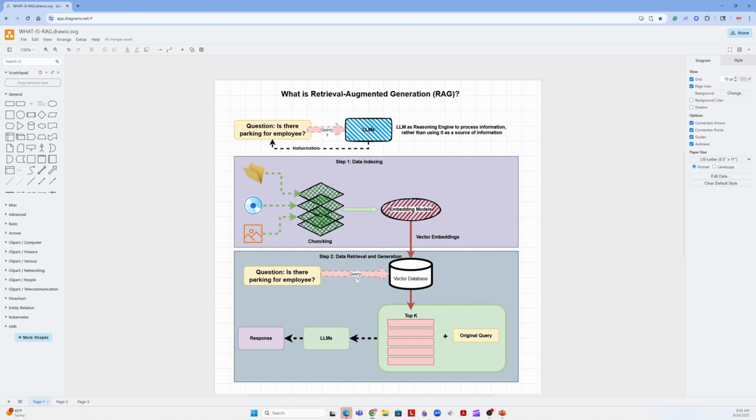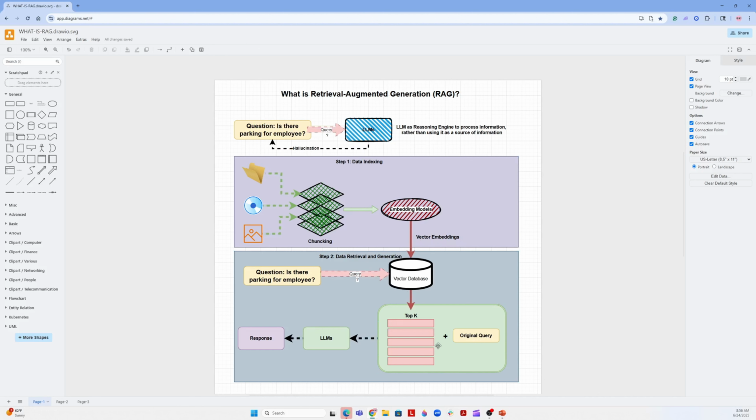So embeddings allow the calculation of similarities between data points. When a user asks a question, the model can retrieve the most relevant content by comparing the vectorized query to the vectorized documents in the knowledge base.